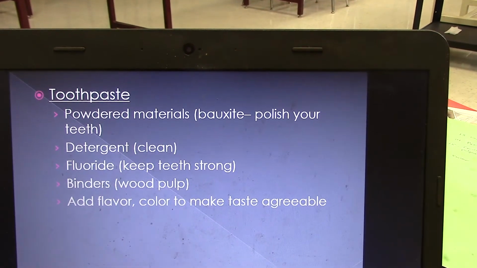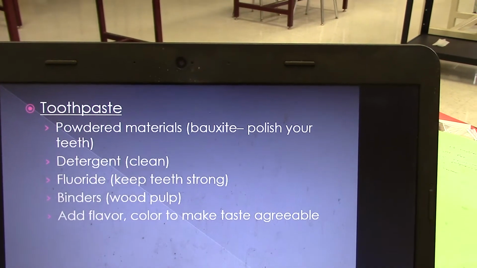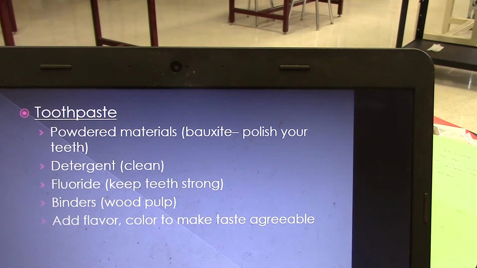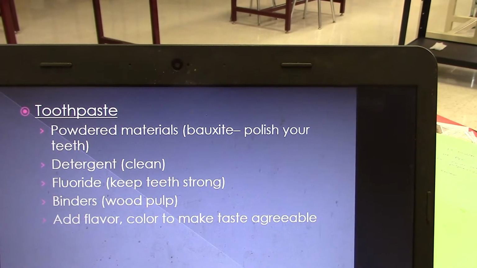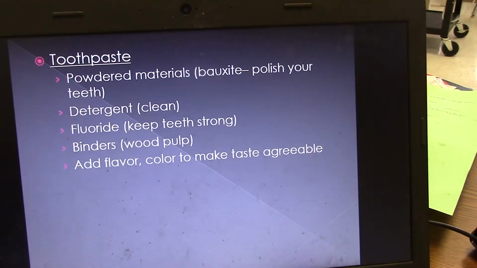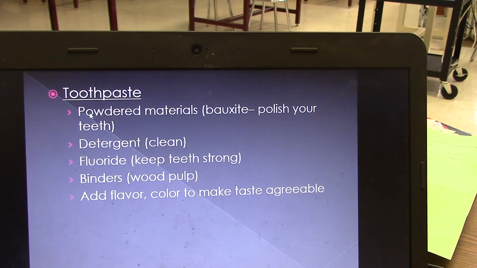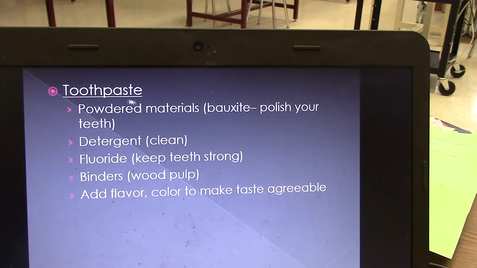Okay, so inside toothpaste we have multiple different types of fluids. You have something to clean your teeth, fluoride, so there are different things that are dissolved into the fluid itself.